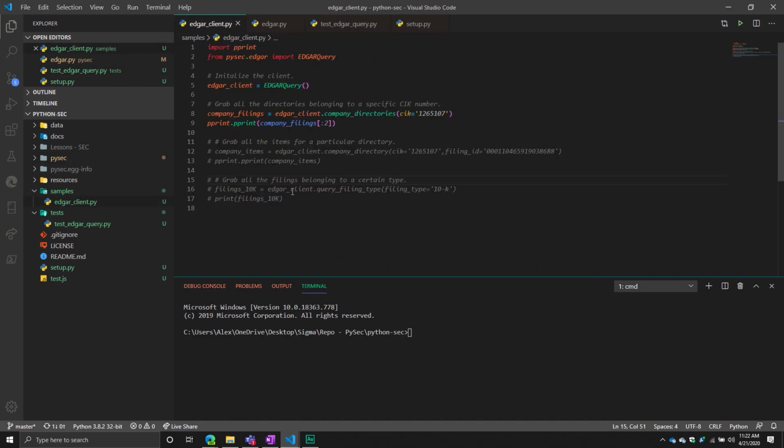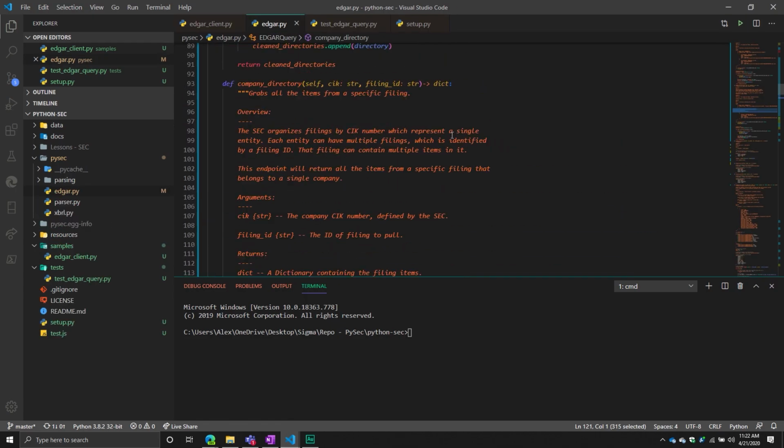Ideally, if you want to grab directories for a particular company, you just pass through a CIK number. If you want to grab a specific directory, you pass through a CIK number and then a filing ID, and you can also query by filing types.